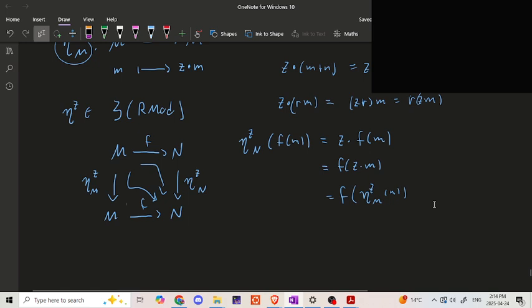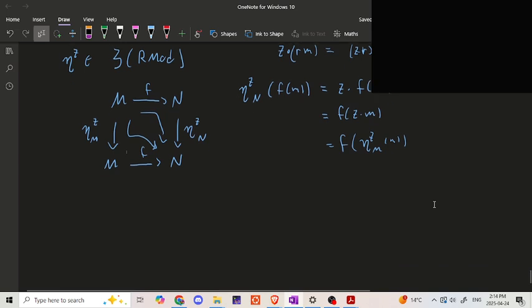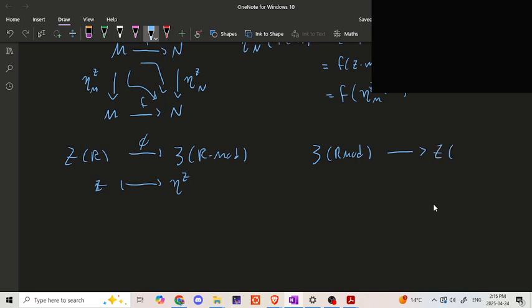So we're halfway through the statement of this lemma. Let me give a name to this map. I'm going to call this phi. So I have phi from the center of R into the center of my category of R modules, and it's going to send z to the natural transformation eta z. I'm also going to define a map which will be the inverse of this in order to establish an isomorphism.